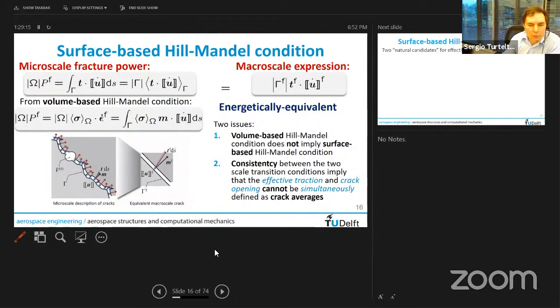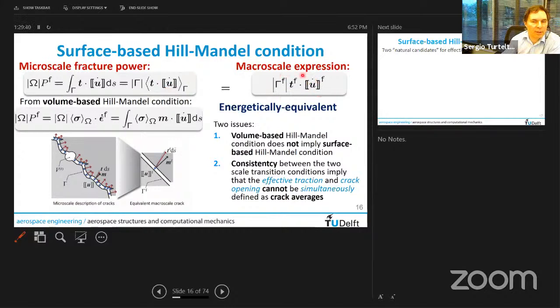Yes. So the way the alpha is computed is essentially by matching the two quantities. If I substitute here this effective traction by the expression that I have with the alpha, and I equate that to this quantity, I can compute this from a simulation. So this one comes from the simulation.